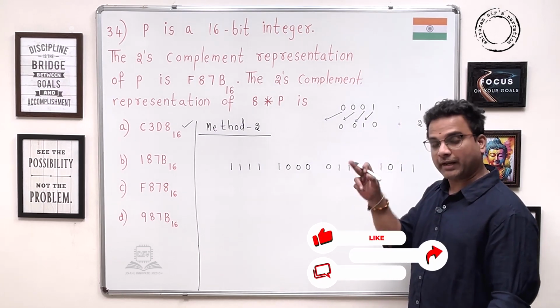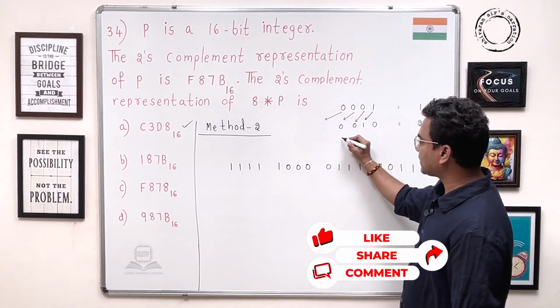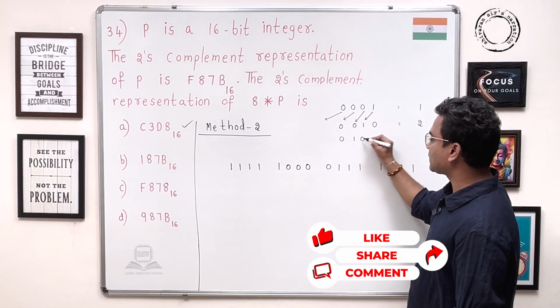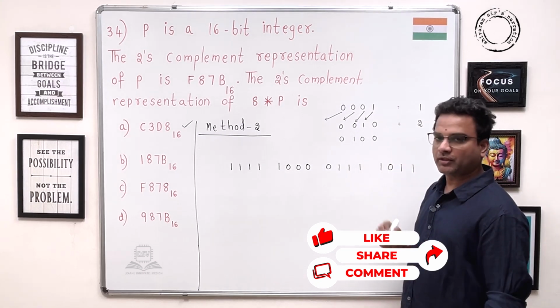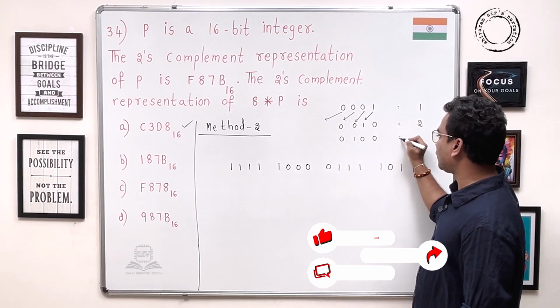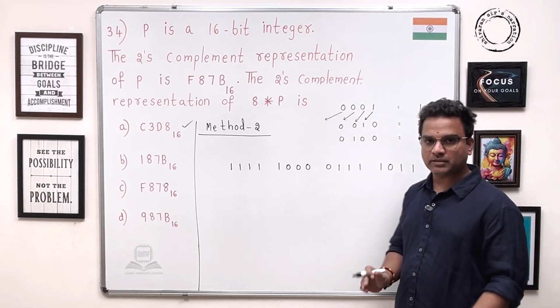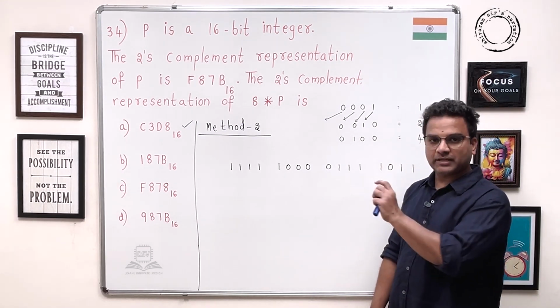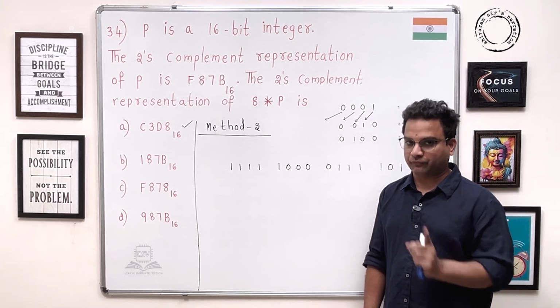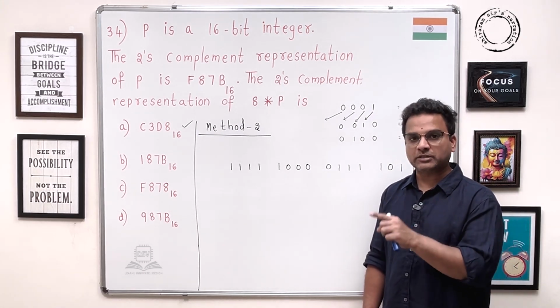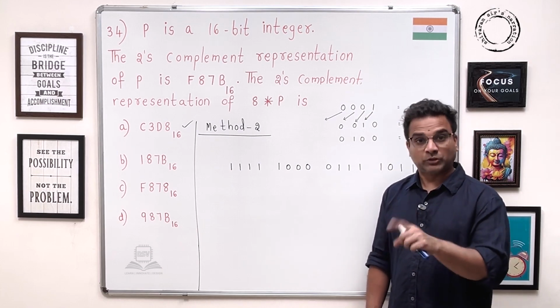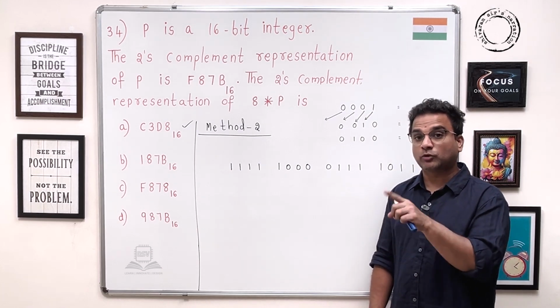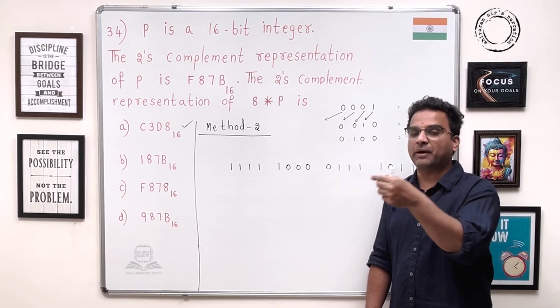Similarly, you do it another time, so that this 0 goes outside, 010, and the new 0 is added. Then what is the value? 4. What I mean, guys, is that for a particular binary sequence, if you do shift left one time, the value gets multiplied by 2. Two times, the value gets multiplied by 4, meaning 2 power 2.